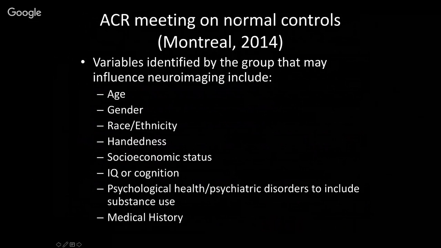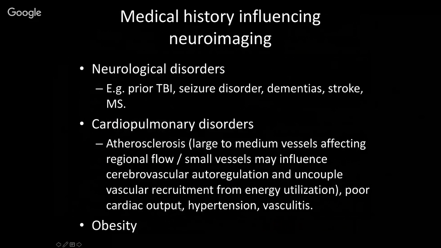Now, the kinds of things that were also recognized in this meeting that may introduce variability across the normal population were things such as age, gender, race or ethnicity, handedness, socioeconomic status, IQ or cognition, psychological health or psychiatric disorders, including substance use, and general medical history as well.